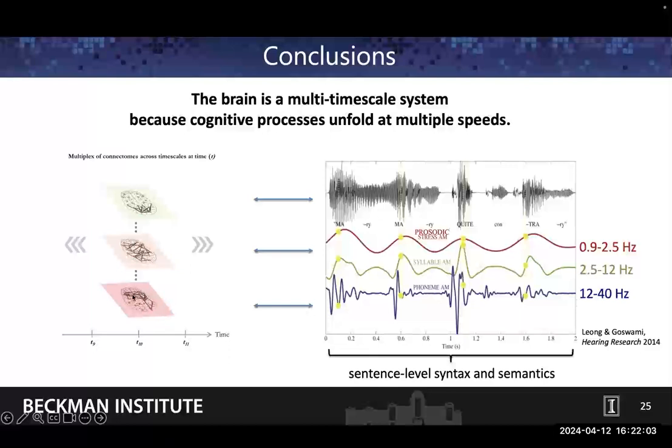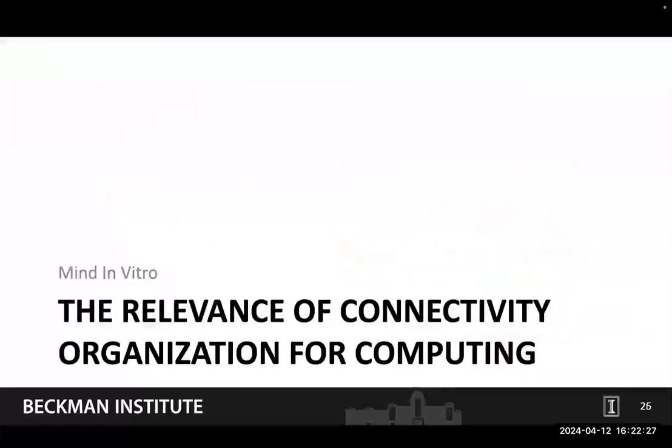Certain regions are highly connected, others are less connected. But then at the same physical moment in time, in the delta band, there might be connectivity across a different set of brain regions. And then the infra-slow time scale that fMRI images so well and EEG not so much, we find yet another connectome state.